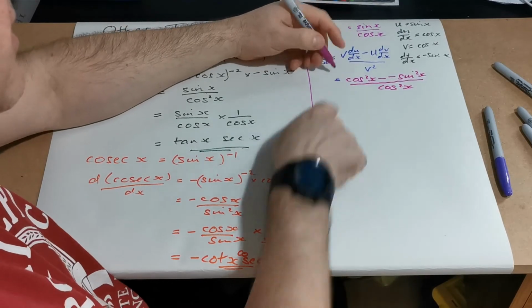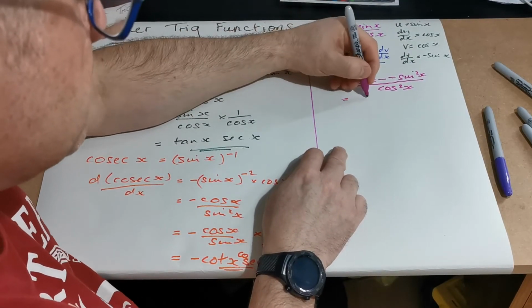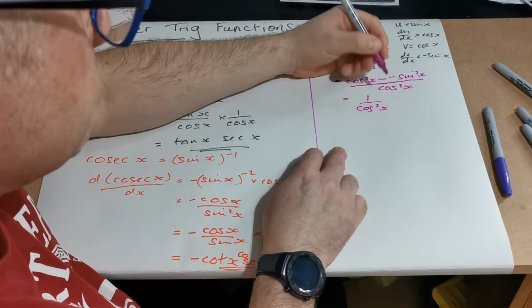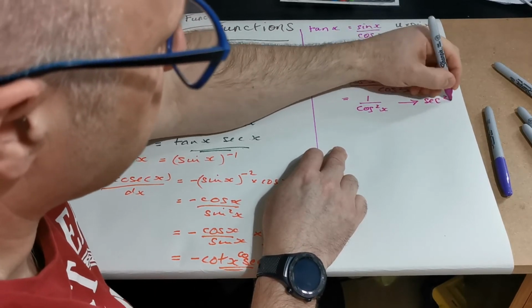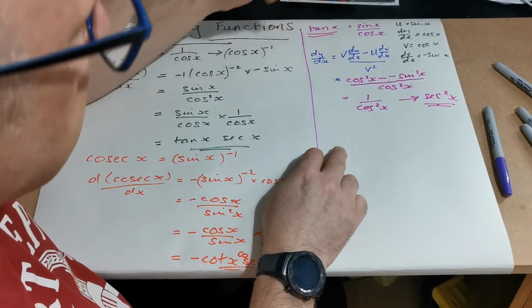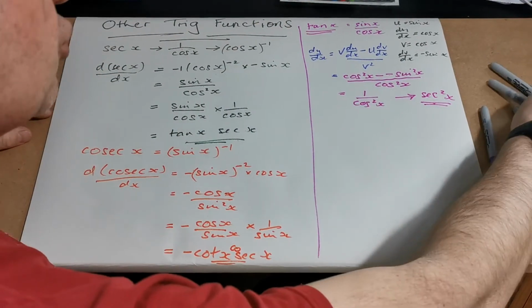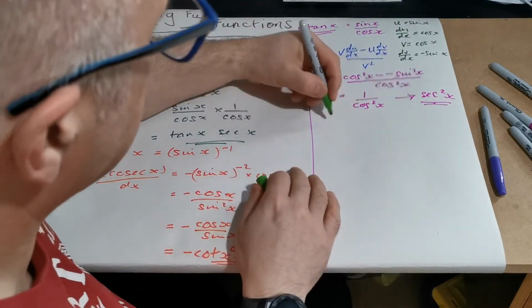Now you can see here cos squared plus sine squared is 1, so it equals 1 over cos squared x. So actually that comes to sec squared x, and that's one that you definitely need to remember. The differential of tan x gives you sec squared x. Must remember that.